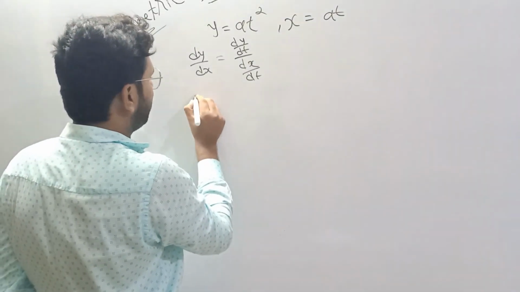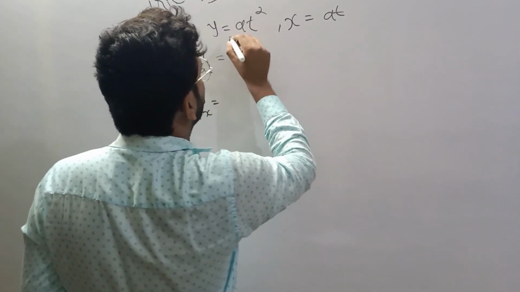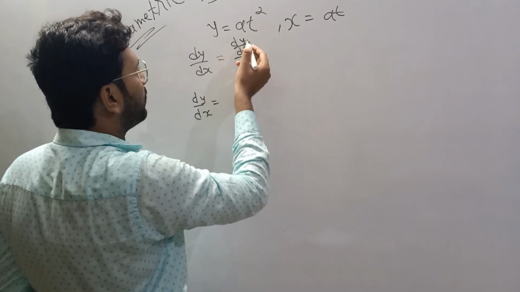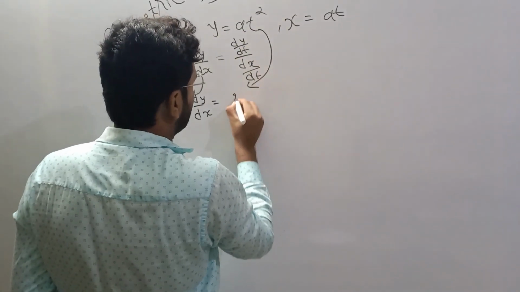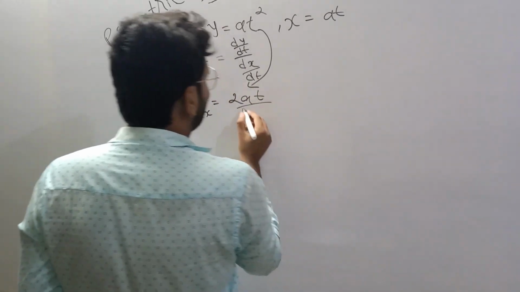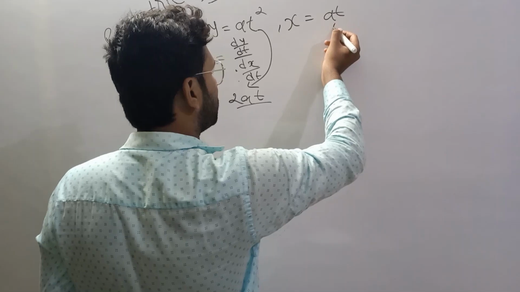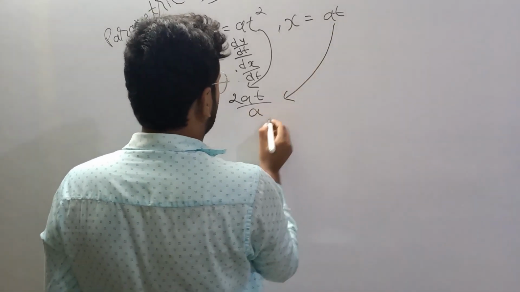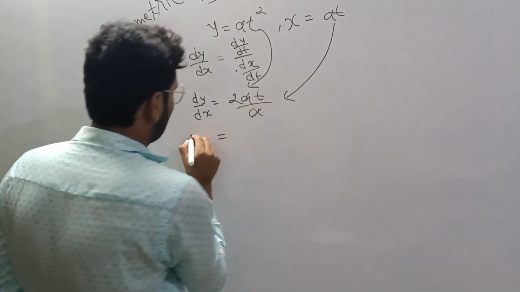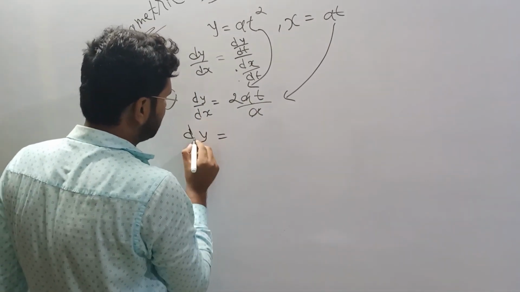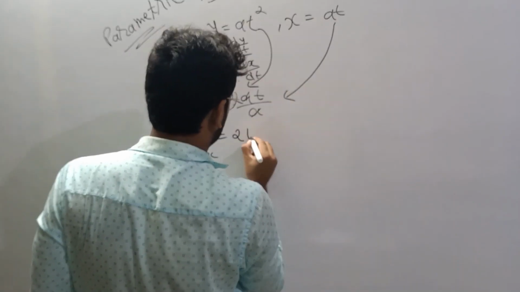So the derivative of y with respect to x will be the derivative of y with respect to t, which here is 2at, and the derivative of x with respect to t, which is a. So both a will cancel each other. So our final derivative of y with respect to x will be 2t.